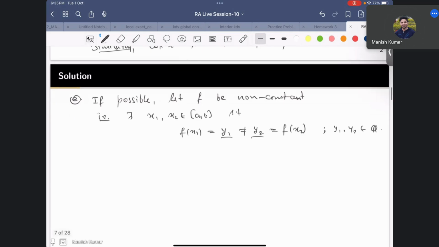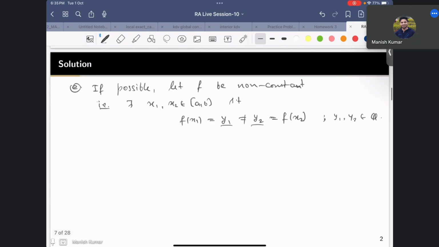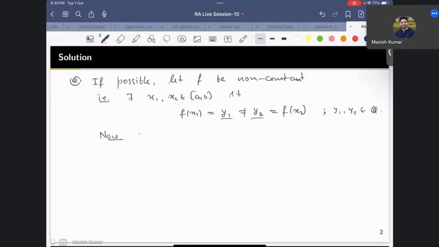Now, since y1 is not equal to y2, there exists some y0 in the irrationals, y0 belonging to Q complement, such that y0 lies between them. Without loss of generality, you assume that y1 is less than y2.